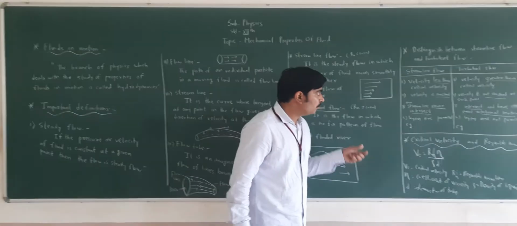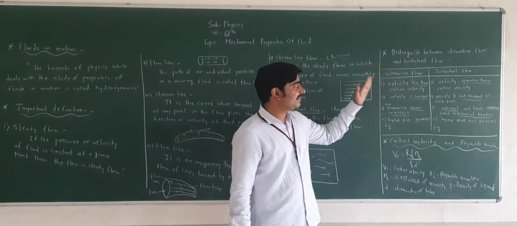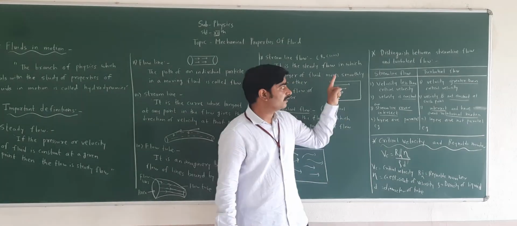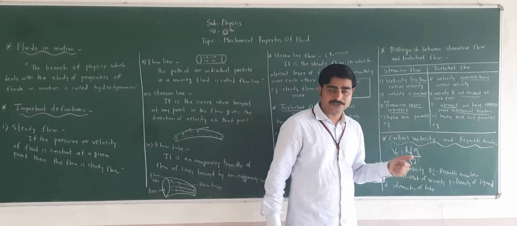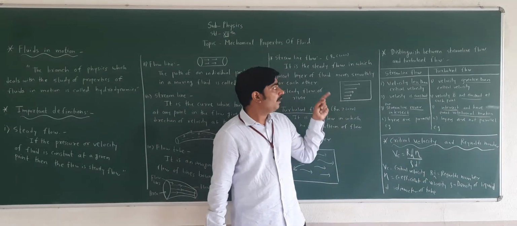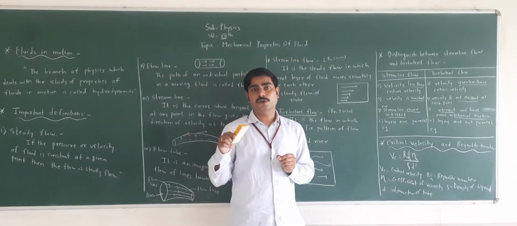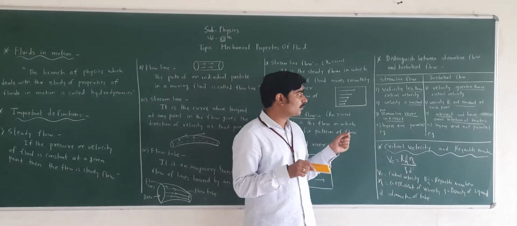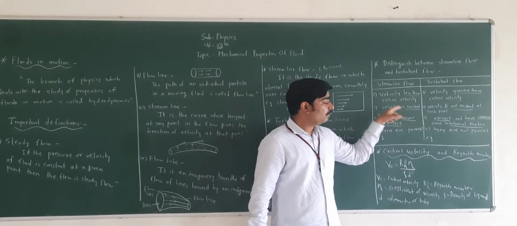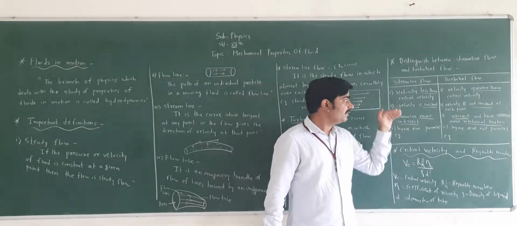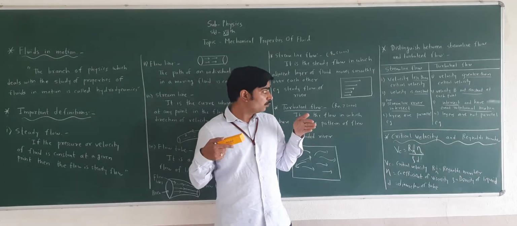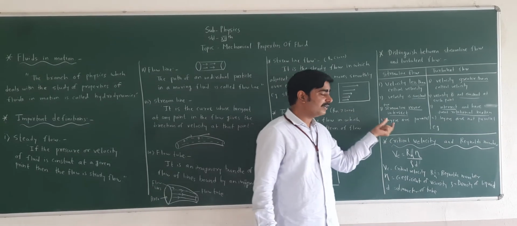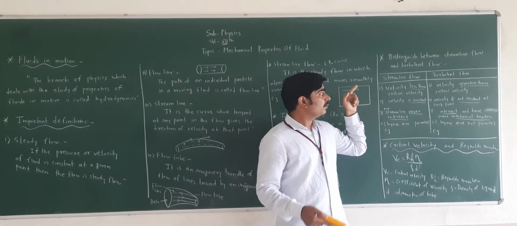In the streamline flow, the velocity is less than the critical velocity. In turbulent flow, the velocity of the liquid is greater than the critical velocity. First point. Second point, in the streamline flow, the velocity of the particle is constant. In turbulent flow, the velocity of the particle is not constant. Third point, two streamlines will never intersect with each other.